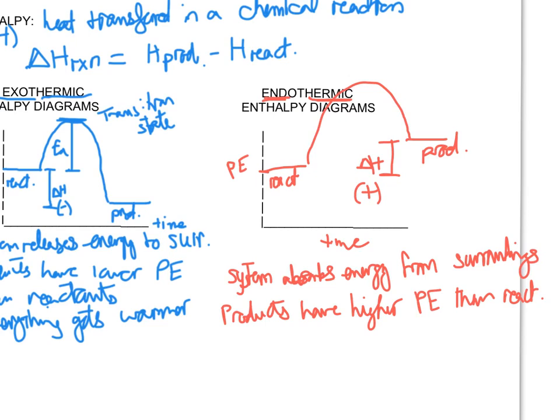My activated complex, or my transition state, is still at the top of the hill. It's the highest amount of energy, so it's the least stable. And from my reactants all the way to the transition state, that's my activation energy.